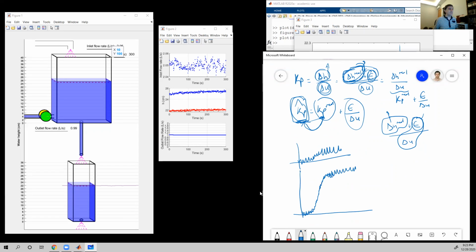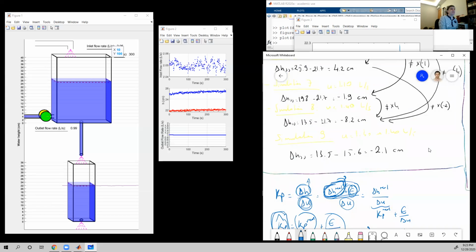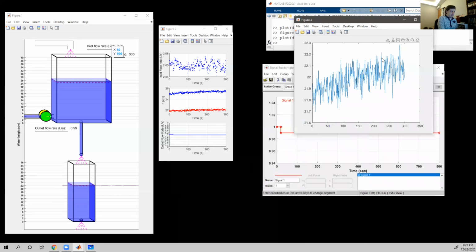The magnitude of the fluctuations will be the same, but the change in y is going to be much larger here compared to this one, so that you can obtain an estimate of Kp more accurately. That's what I'm trying to say. Anyway, that much of a change in delta U is not sufficient.